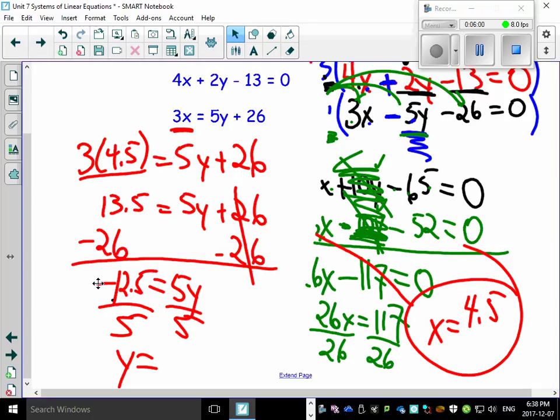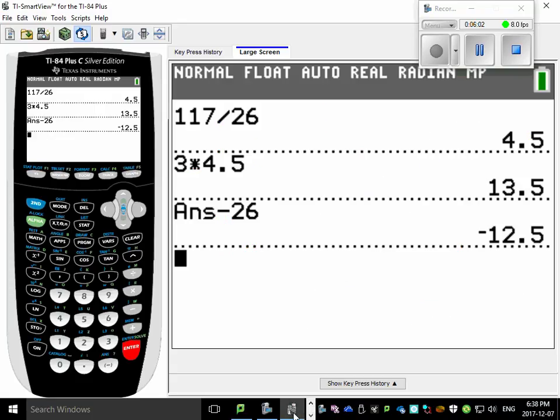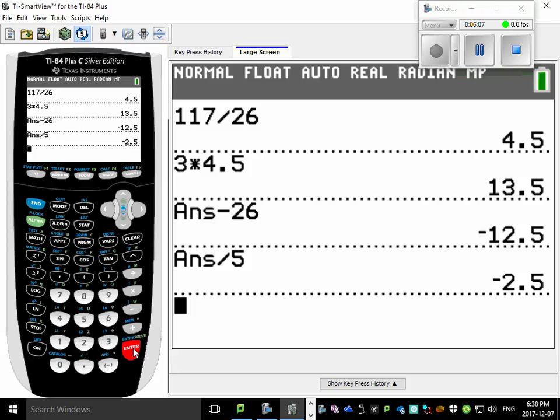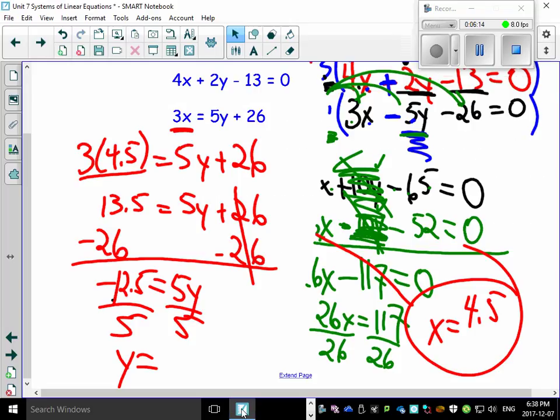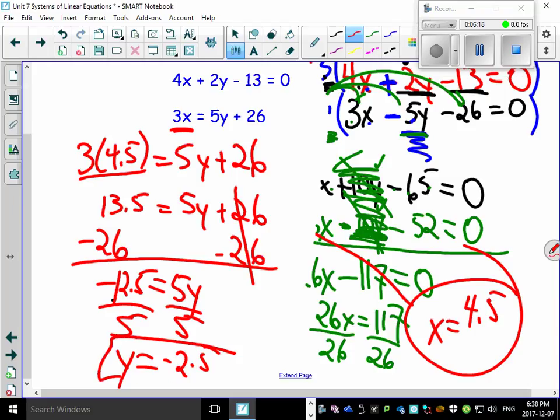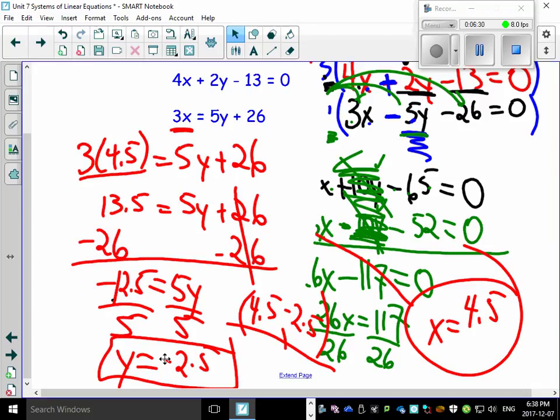So minus 12.5 divided by 5 in your calculator, and you got minus 2.5. I know they're decimals, and we've never had decimals before, but minus 2.5 sounds like a pretty decent number. So we've got an x of 4.5, we've got a y of minus 2.5, and we're good to go. There it is. And I think those are really, really consistent and nice looking numbers.